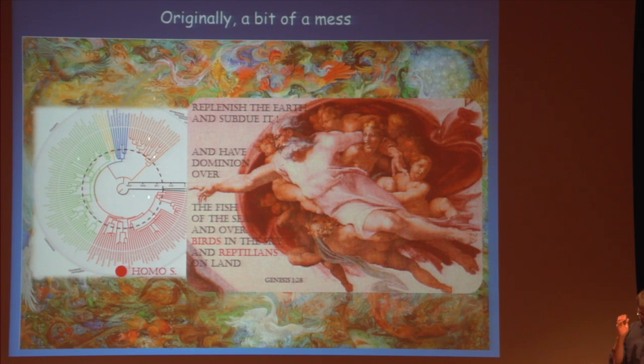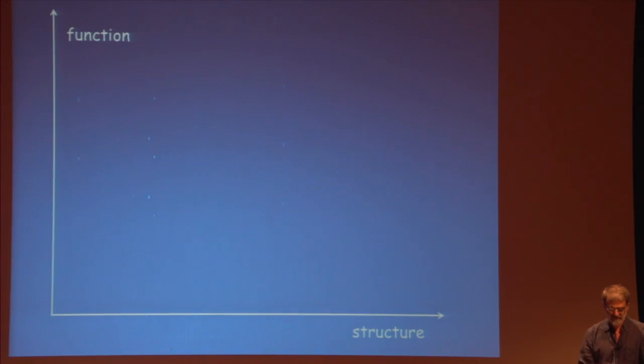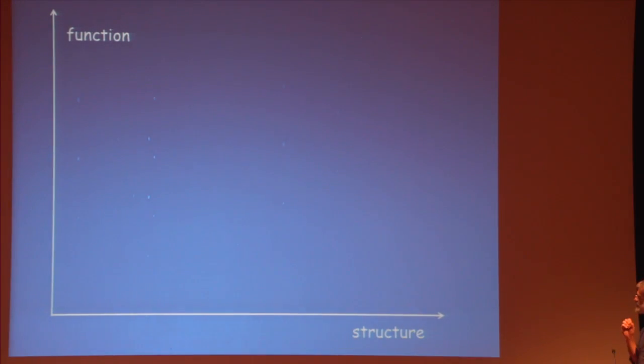So what I would like to say is that these two games, the three-card game and the roulette, are in fact very different games. And I try to say that with this cartoon, where I put in very loose terms structure and function.